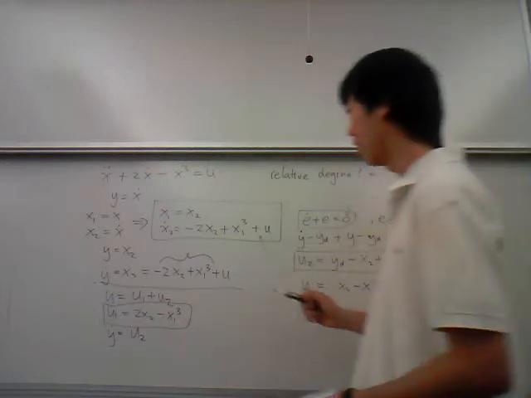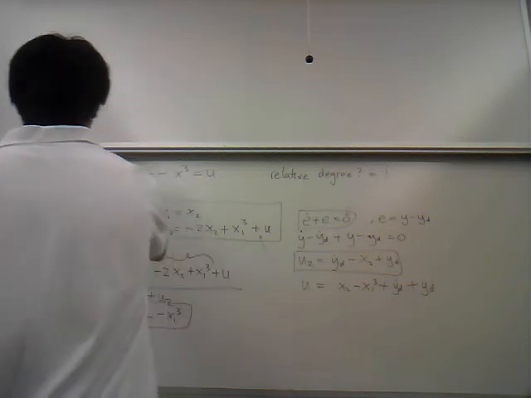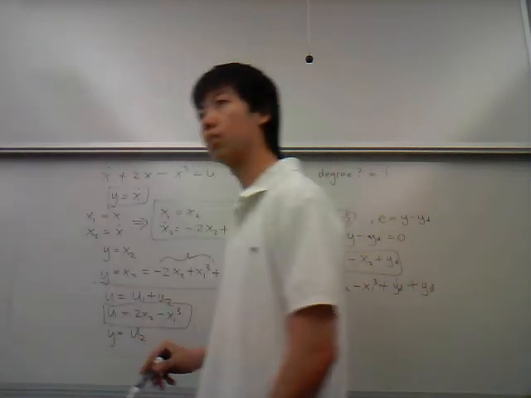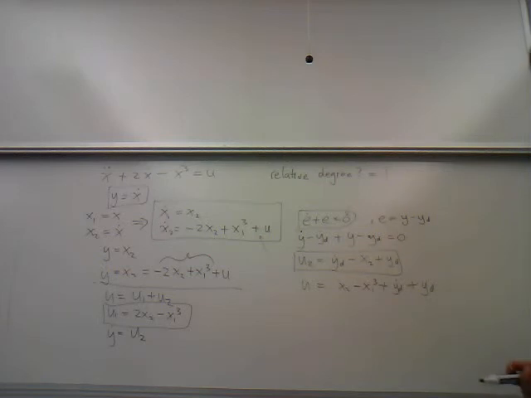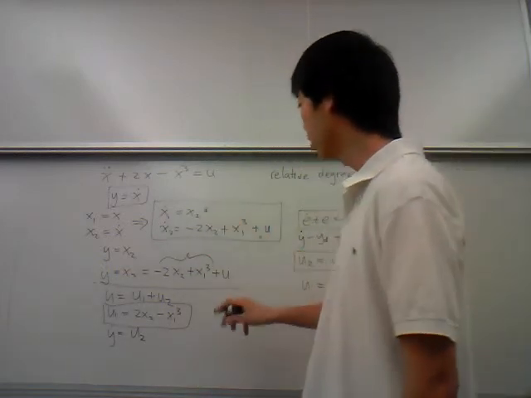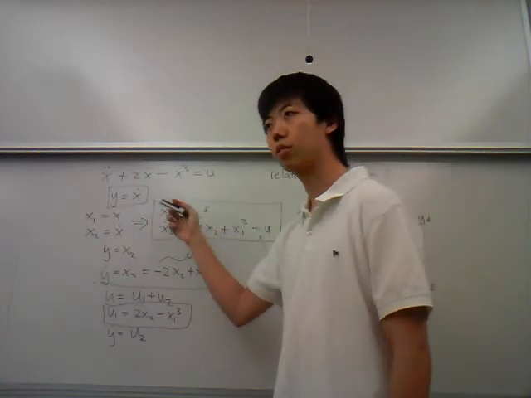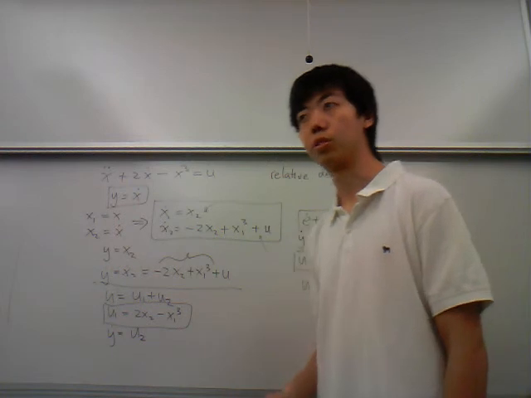So let's have a look. If we pretend these are positions and velocities, our y is our velocity. That's the output that we're looking at. This over here is just an integrator: the integral of velocity gives you position.